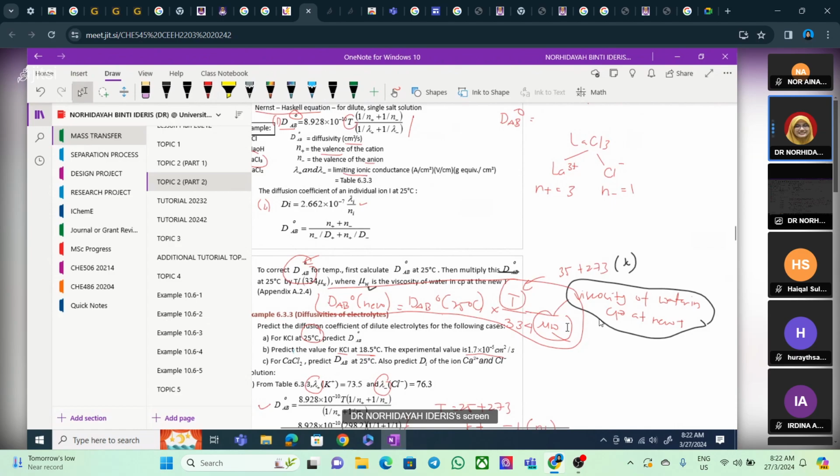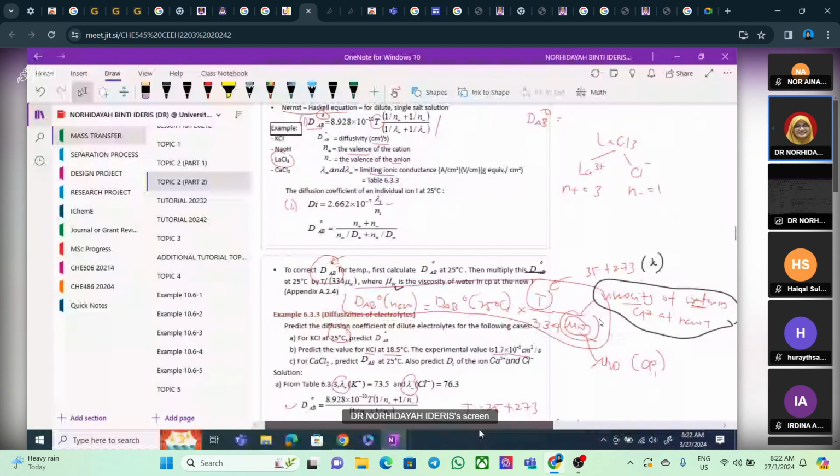And you need to find the viscosity of water in unit cP at the new temperature. Note the viscosity of water, as the W shows, so it is constant. Water, in unit cP, viscosity in cP at this new temperature, for example 35 plus 273. All these things will be listed out in the appendix. So if this kind of question comes out, you need to know what all this notation stands for.